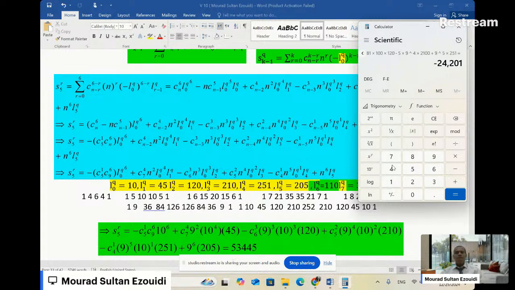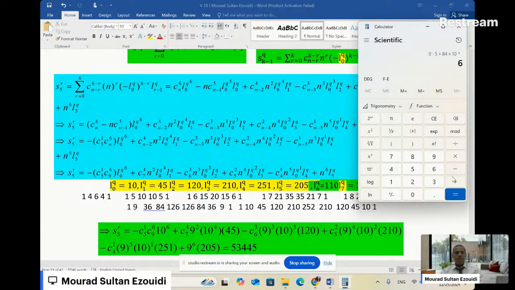I should calculate this. I will start with negative 5 times 9 choose 6. 9 choose 6, this is 1, 2, 3, 4, 5, 6: 84. Minus 10 raised to the power 6.